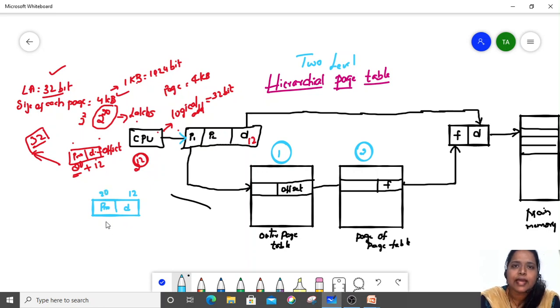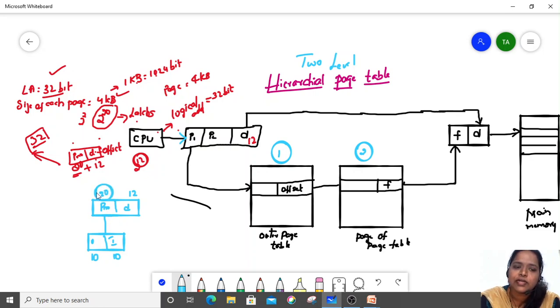Now in hierarchical paging, in order to lessen the burden on a single page table, we are going to divide this into 2. So here this is the outer page table, this is the inner page table. Outer page table contains 10 pages and the inner page table contains 10 pages. Here 20 are there, which is going to be a burden.